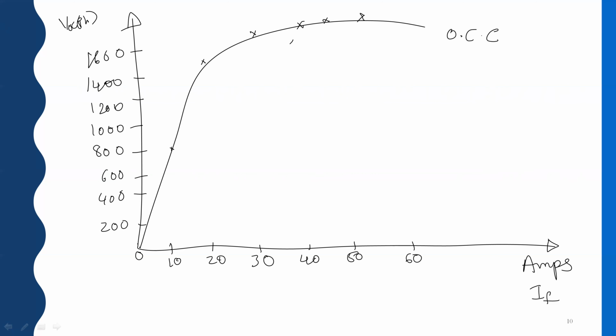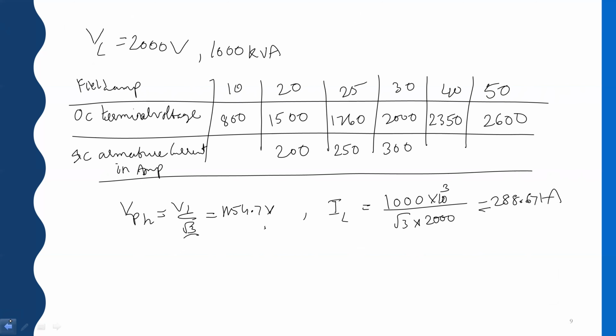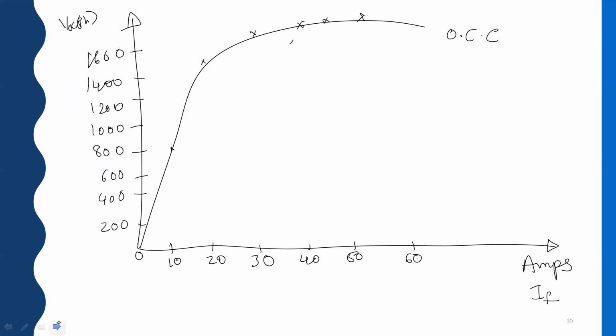Now, I have to draw my SCC characteristics. In the previous slide you can see, I have to draw between field ampere and SC armature current in amps. At my 20 field ampere, my current is 200.